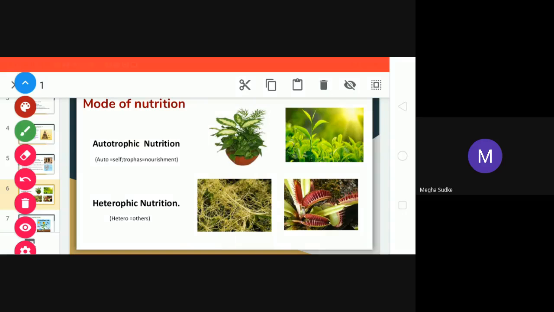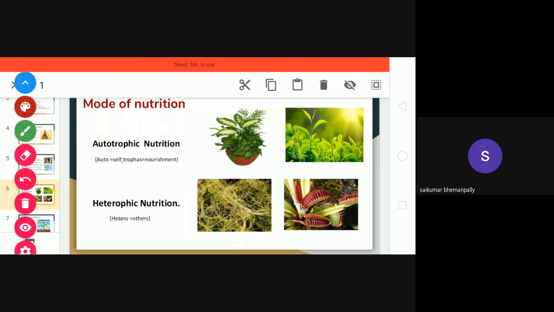So which organism prepares food by itself? Plants, right? The organisms which prepare food by themselves is called autotrophic nutrition.